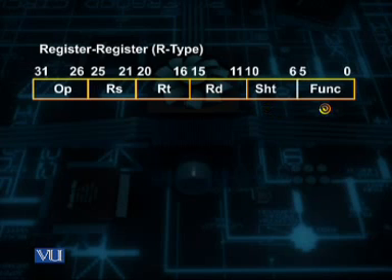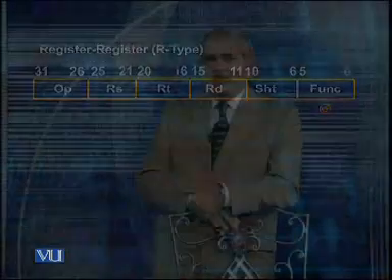The last field here is known as the function field. The function field is used only when the opcode field contains a value equal to 0 0, in case of a register type or R type instruction word.